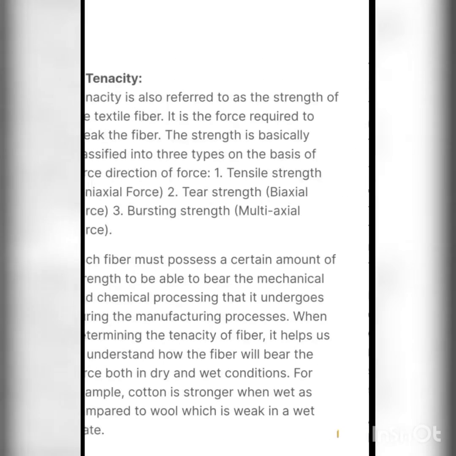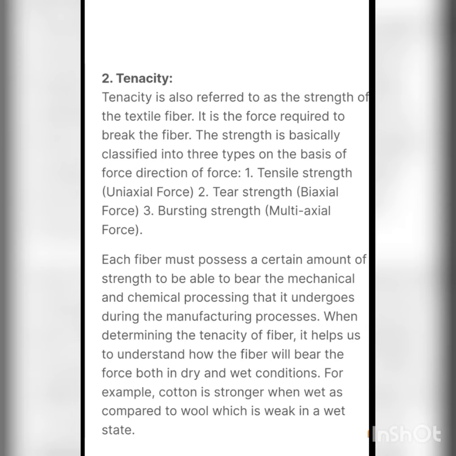Next property we have is tenacity. So what do we mean by tenacity? Tenacity is also referred to as the strength of the textile fiber. It is the force required to break the fiber into 2 or 3 parts. The strength is basically classified into 3 types on the basis of force direction: tensile strength, tear strength and bursting strength.